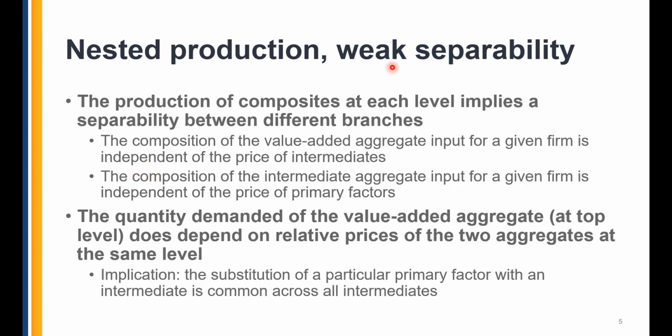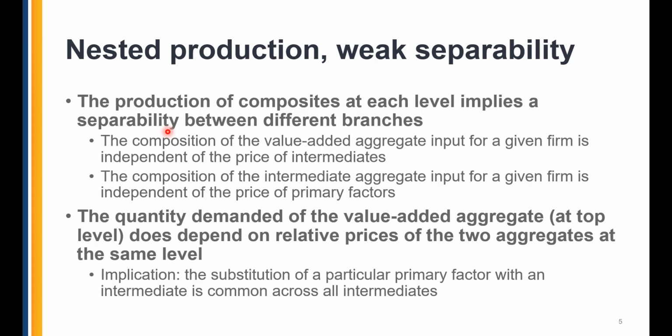But in terms of what we want to think about, it is weak separability. So the production of composites at any level imposes this separability, meaning that if you're in one branch of the production tree, the value-added branch, all of those goods in the intermediate are going to have a limited impact on how we think about the value-added side.